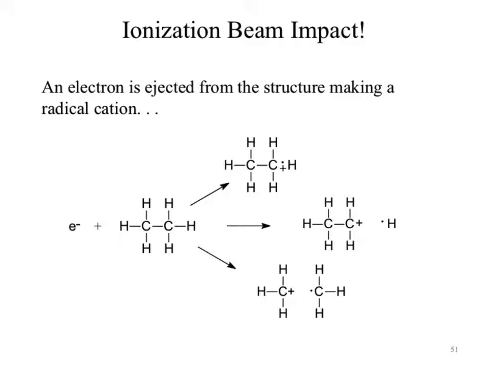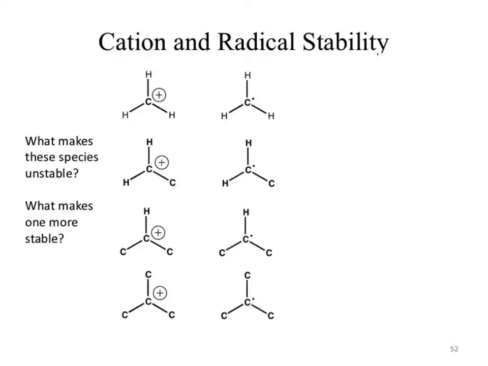Well, that bond now breaks. It's going to break in such a way that I generate the most stable pieces. If it happens to hit the carbon-carbon bond, well then that bond breaks, again generating the most stable pieces. In all of this, what we're talking about is the stability of the pieces coming out of it. So we're looking at the stability of a carbocation or a radical.